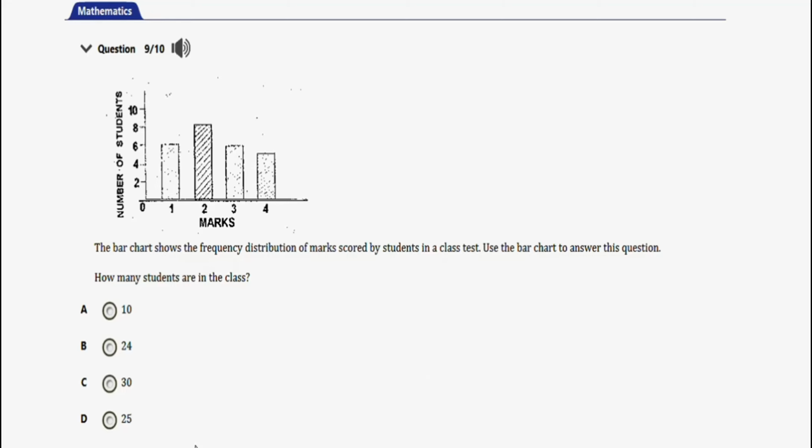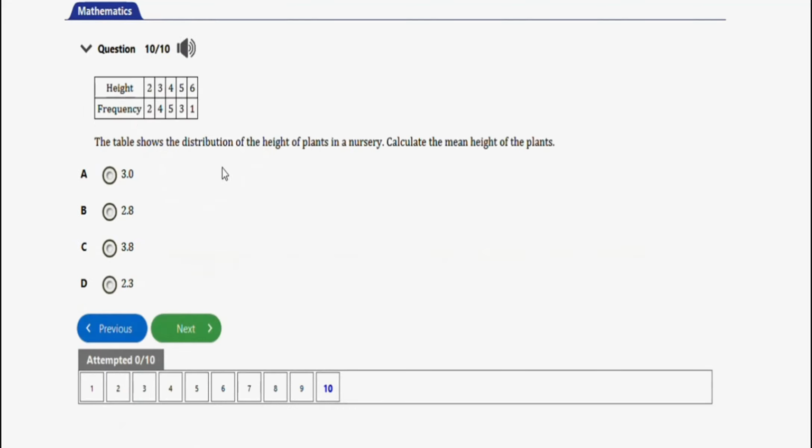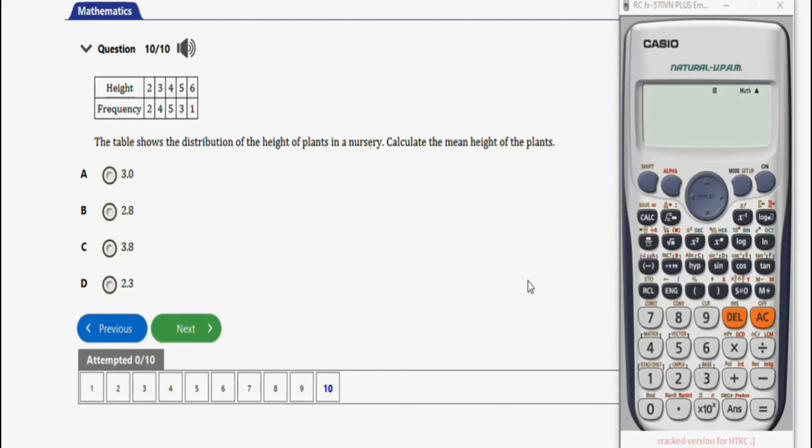The last question before I end this video will be this one. It says the table shows the distribution of height of plants in nursery. Calculate the mean height of the plant. So let's get a calculator and solve it again using the frequency and the height column. Let's bring the calculator. So for this question, let's reset to remove the previous values we have stored. Press shift 9, then for the instruction, press 3, press equal and press equal again.